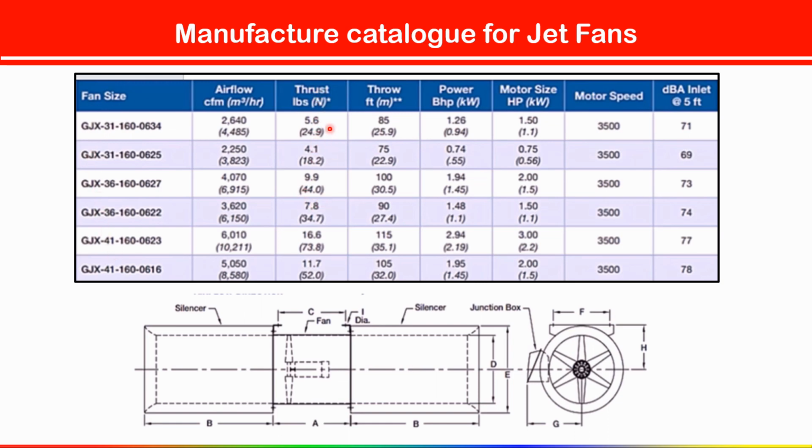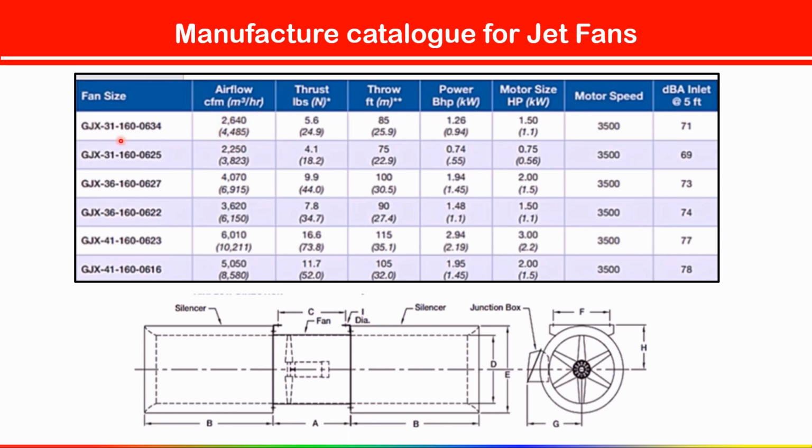Based on this CFM value, you will get the fan size, how many Newton of thrust you have to maintain. Here you will get the detail of that. Then how much throw that fan has is also given in feet and in meter. Suppose you have calculated your flow rate and you get around 2500 CFM, so we have to follow this first row.